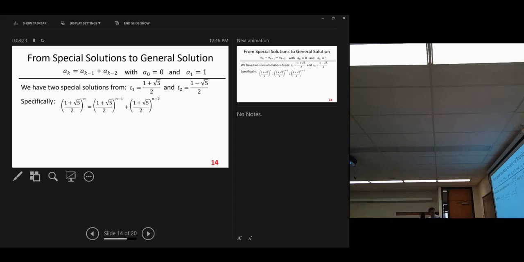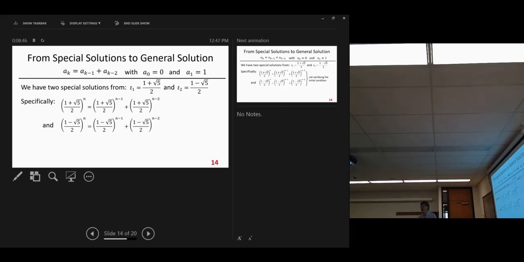Specifically, if we plug in t1, we have that, because we solved it from there. And if we plug in t2, we also have that solution. Two special solutions.